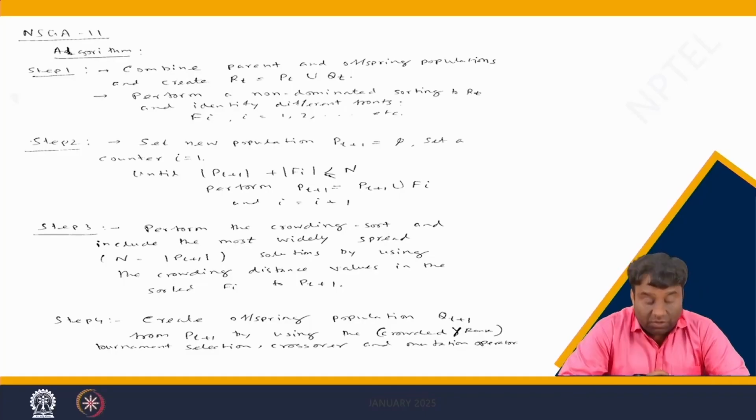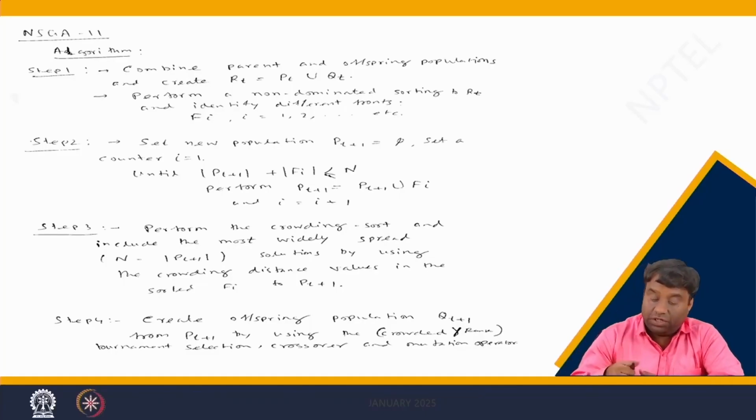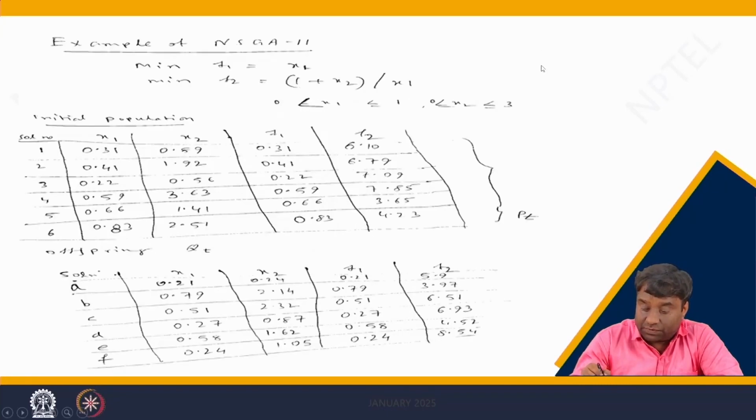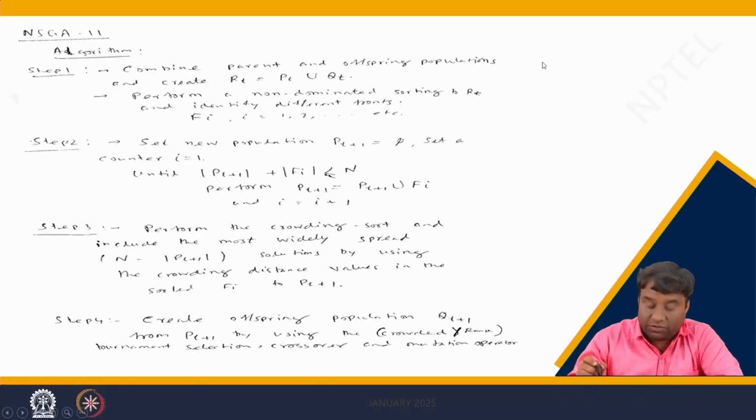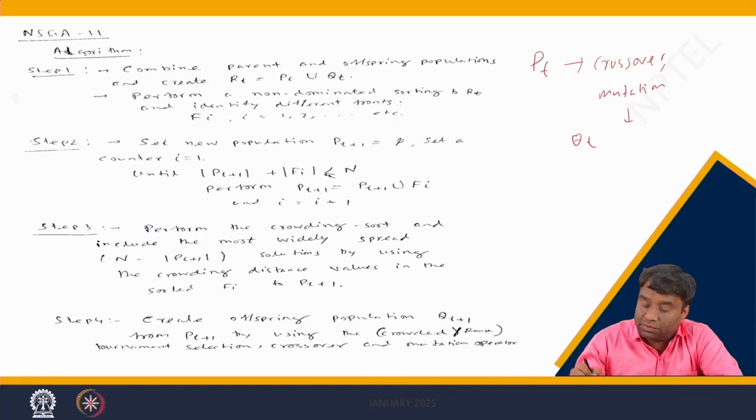In this algorithm, the first step is that we need to assume some parent population, PT. From there, we select some parents and then we do the crossover and mutation and find the child population, that is QT.